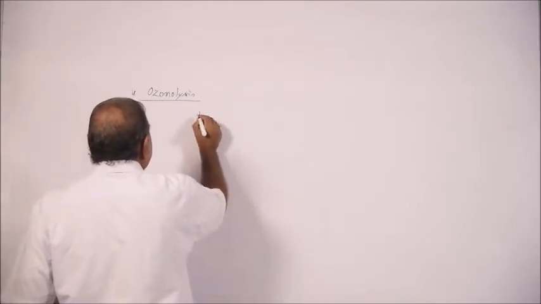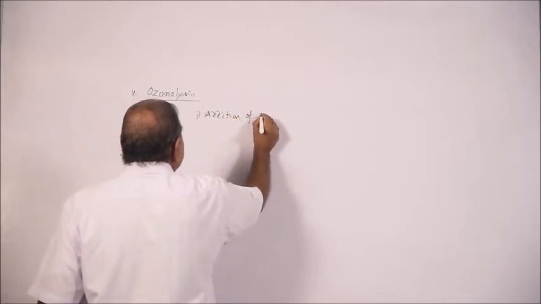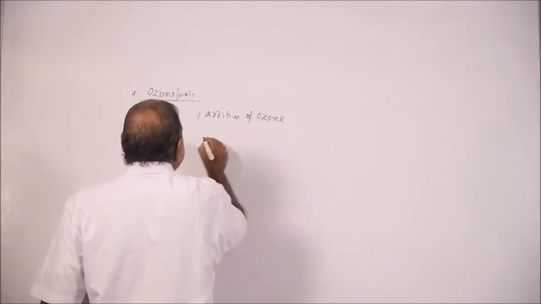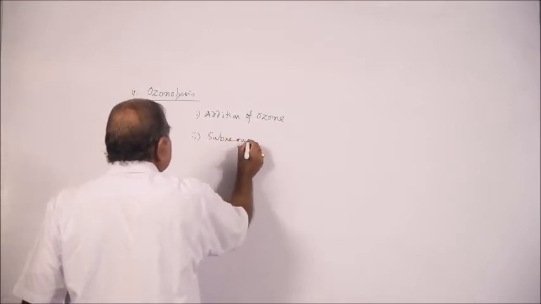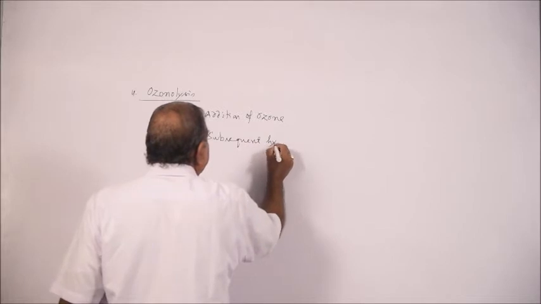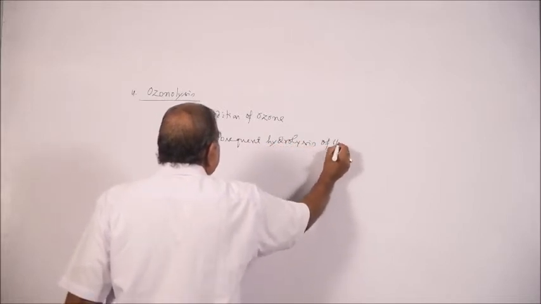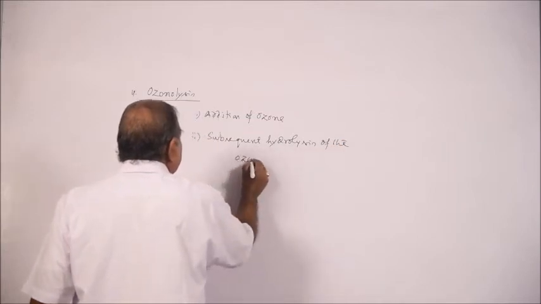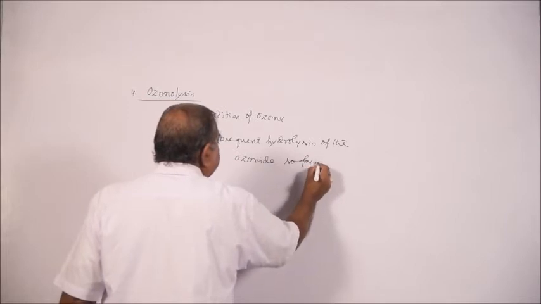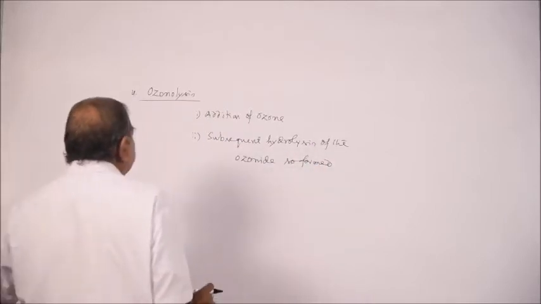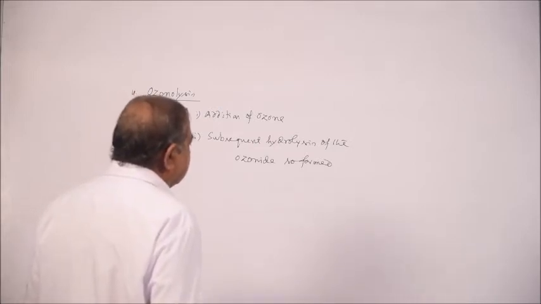In the first step, there is addition of ozone, and in the second step, subsequent hydrolysis of the ozonide so formed. So, ozonolysis is a two-step process, addition of ozone and subsequent hydrolysis of the ozonide so formed.